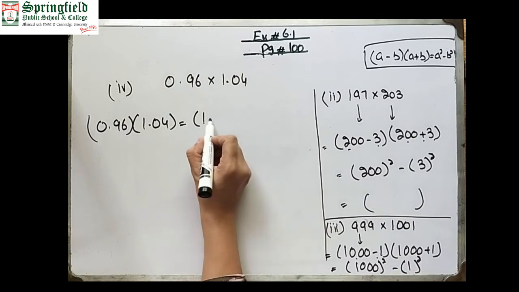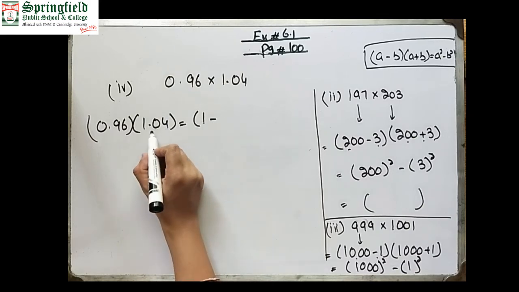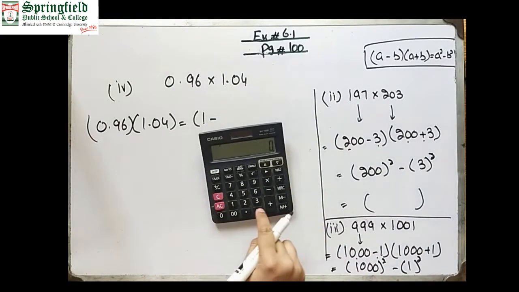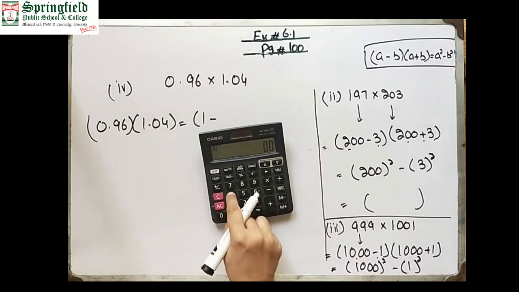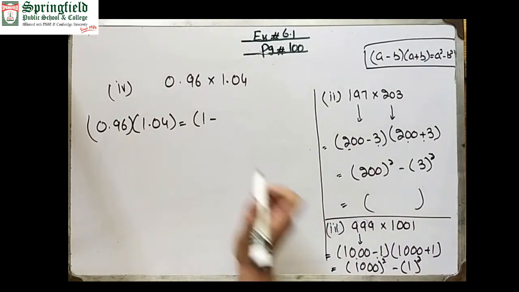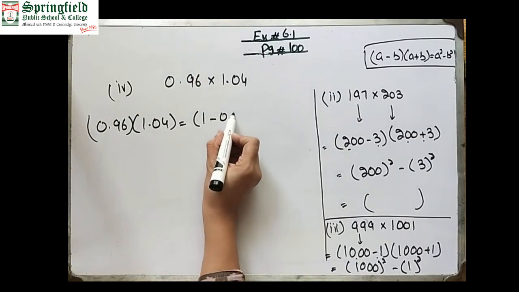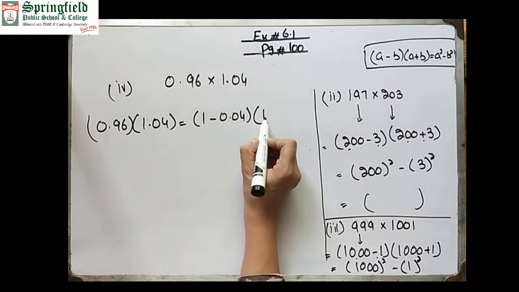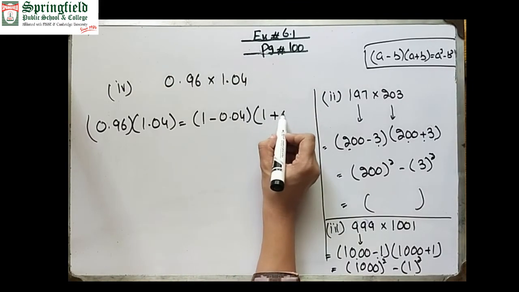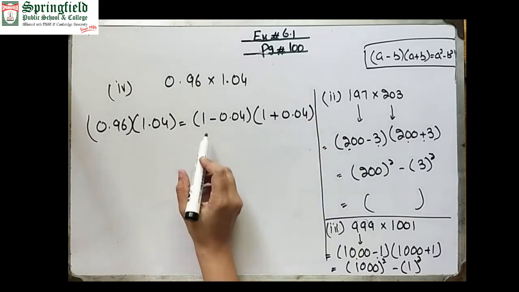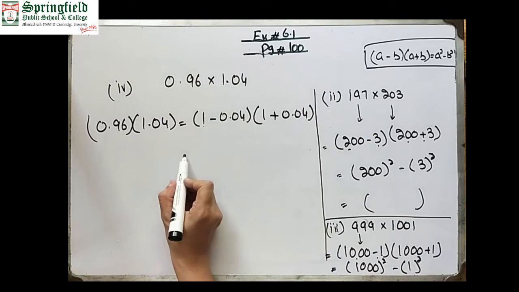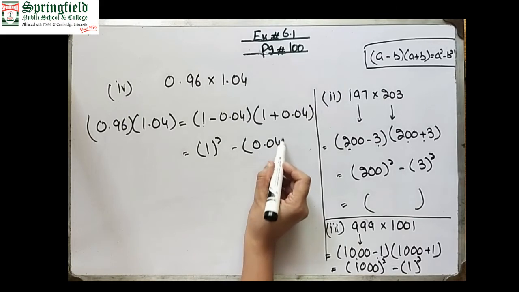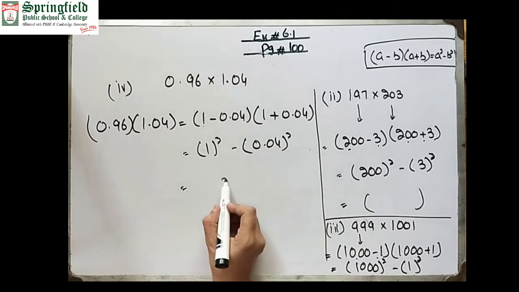When we subtract 0.04 from 1, what will be the answer? 0.96. And the next value 1.04 can be written as 1 plus 0.04. So in both cases it is A minus B, A plus B, just the sign is changed. So it can be written as A square minus B square. Now open this and find out the answer.